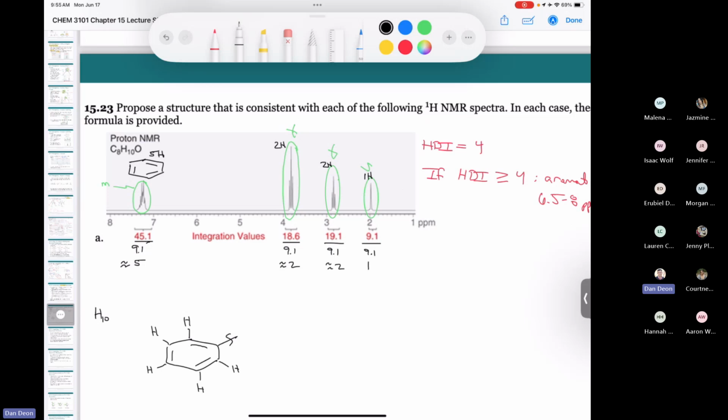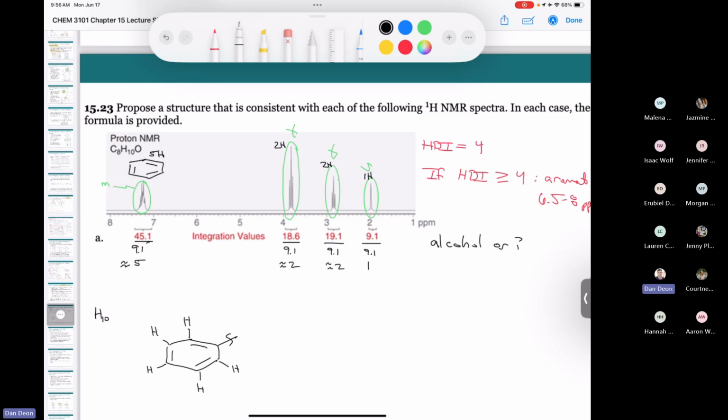Now, I noticed that if I go down to the lowest chemical shift, I've got something at 2 that has no splitting, and then I've got an oxygen here. So what are the possibilities? If I have an oxygen and I've already used up my HDI, what are the possible functional groups I could have that have oxygen? An alcohol is one.